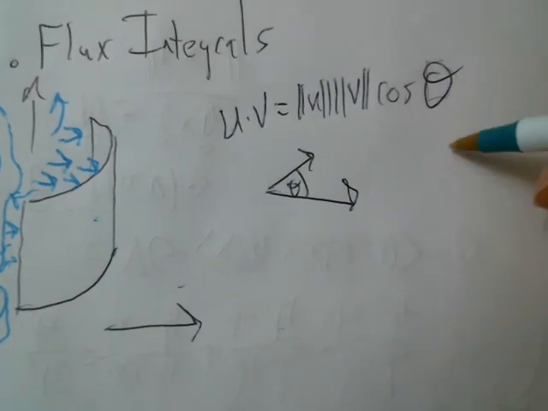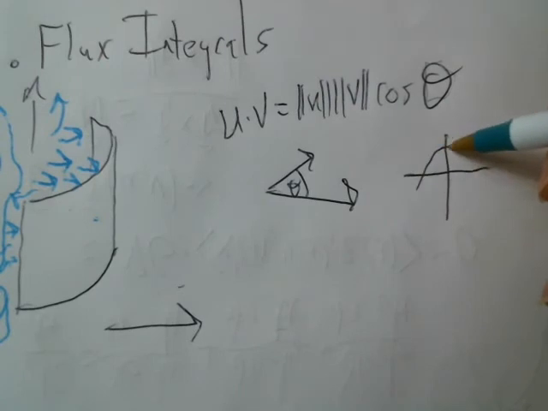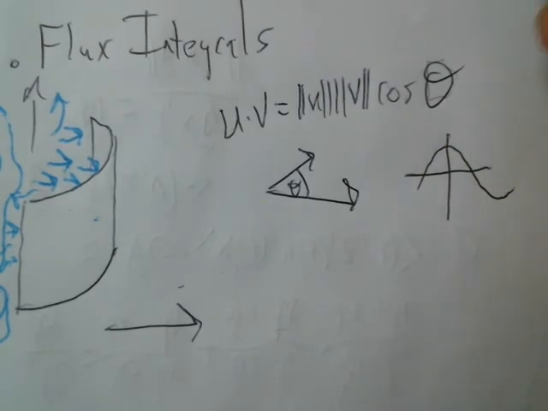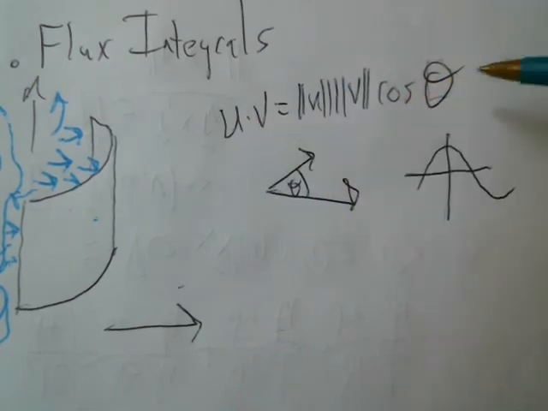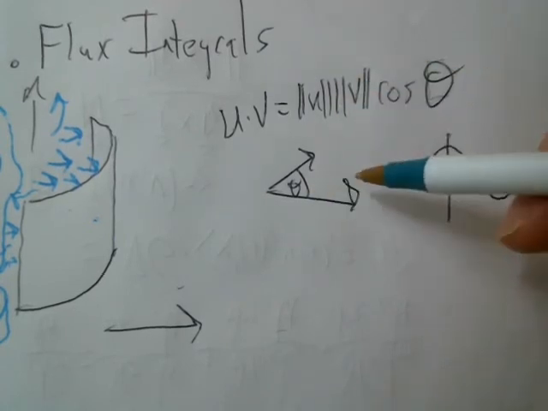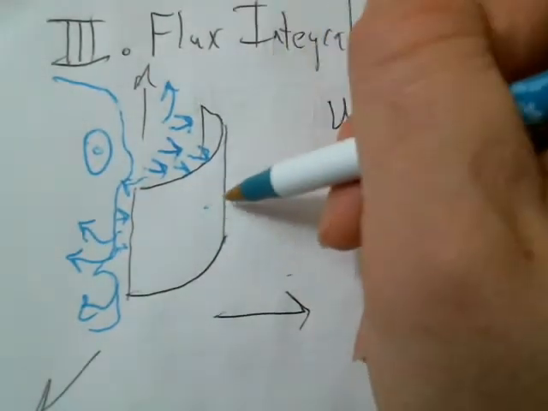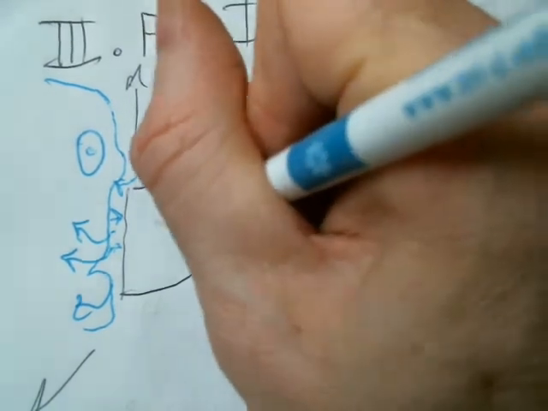And then, think about the cosine function. The cosine function is at a maximum when it's at 0. Okay, so the dot product is kind of a measure of the alignment between two vectors. Okay, the bigger the value of the output of the dot product, the more these vectors are going in the same direction. So on this surface, you're going to have all these normal vectors, right?